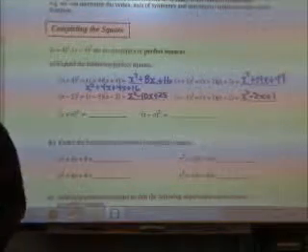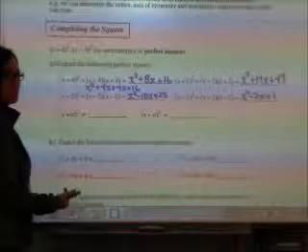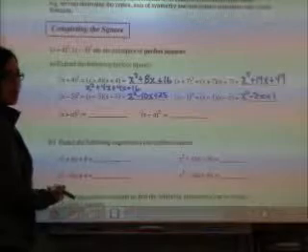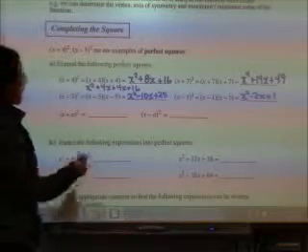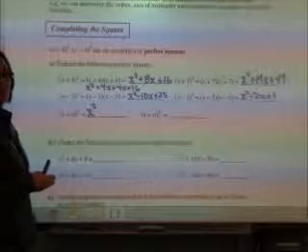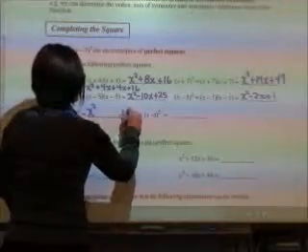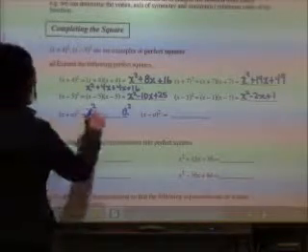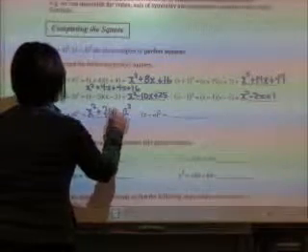So if I had x plus a squared, and I expanded that out, what would I get? So my first term would be what? X squared. And what would my last term be? A squared. And what would my middle be? 2ax. Double of the product.